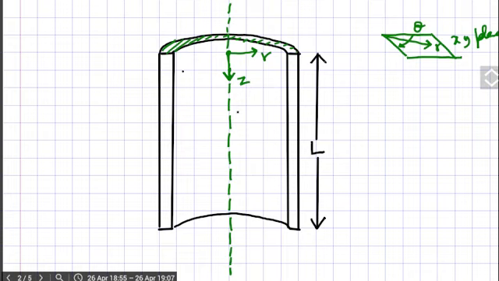In the second step you will decide a suitable shell. The system is cylindrical, so you will have a cylindrical shell. A shell is nothing but it has a very small thickness, so I am drawing it here.